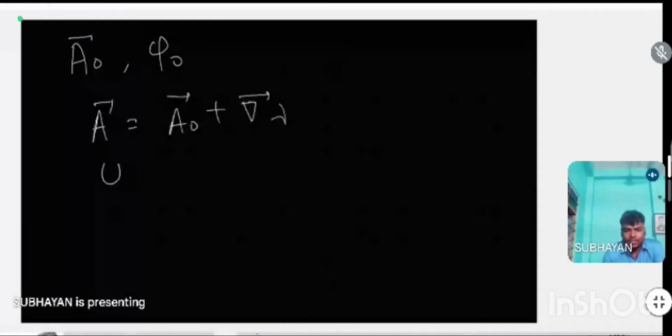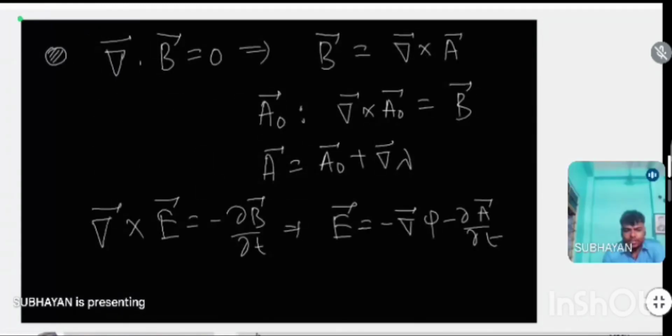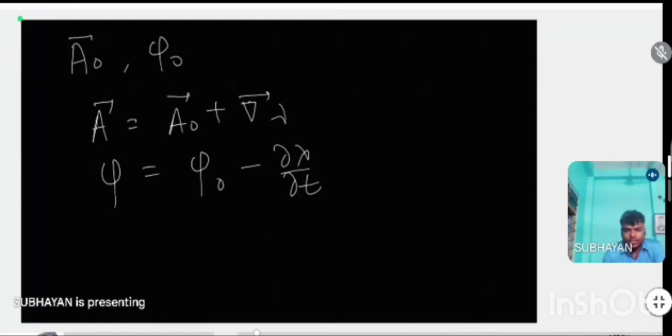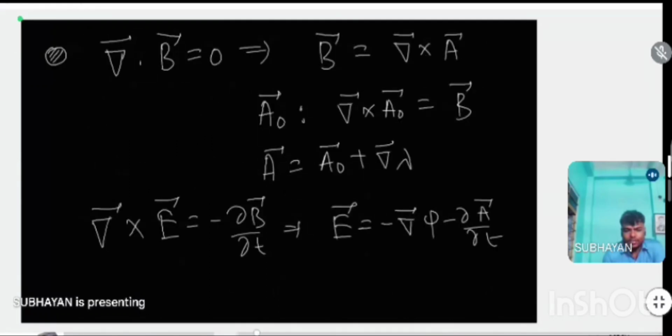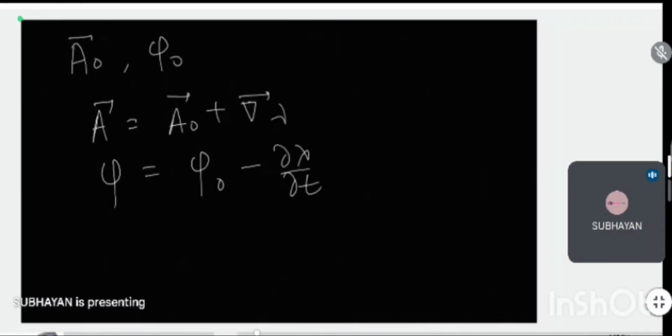And here if you choose the primary solution to be A naught and phi naught, then also A equals A naught plus grad lambda and phi equals phi naught minus del lambda by del t will satisfy the same E. If you put these values, you get the same E. So lambda is the gauge function.